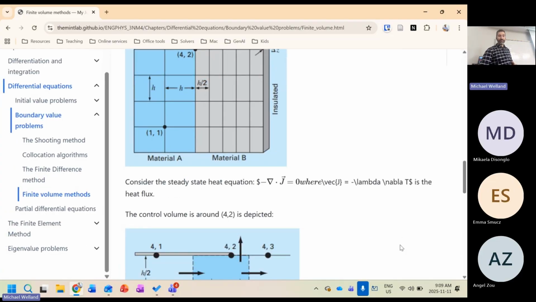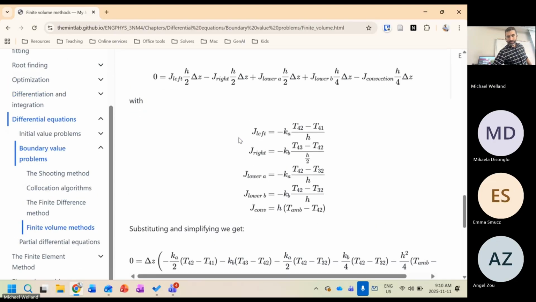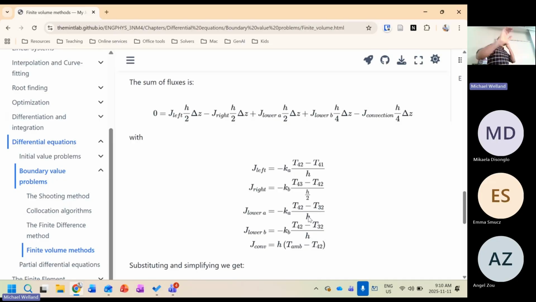What you say is whatever the heat flux is through this boundary. Sorry, no. You say that the heat flux is equal to this, right? T ambient, so minus 10. Let's say 10 over there. You just put that in as the heat flux itself.